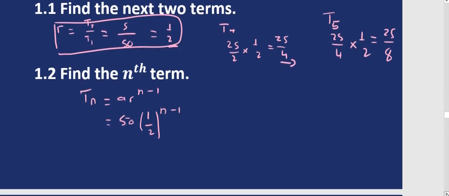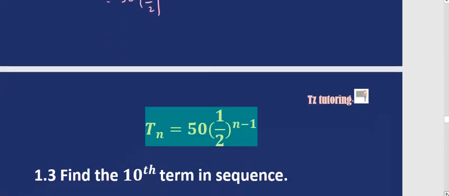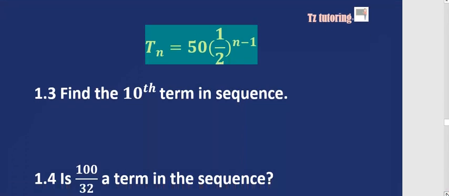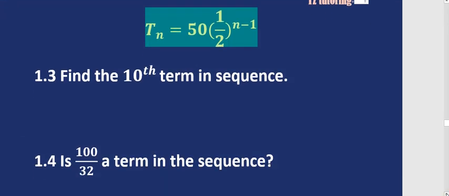Okay, let's move on. So the formula has been typed again. How do we then find the 10th term in the sequence? That's easy. We would, of course, use our formula, which we've got here. And n will be 10, so 10 minus 1, which of course we could simplify to 9.